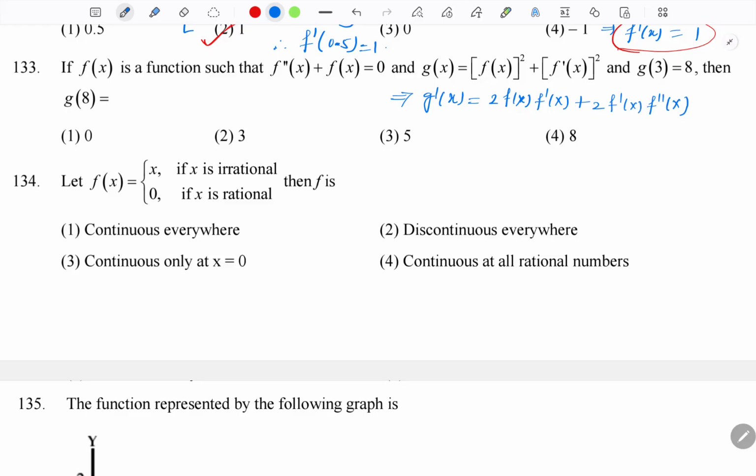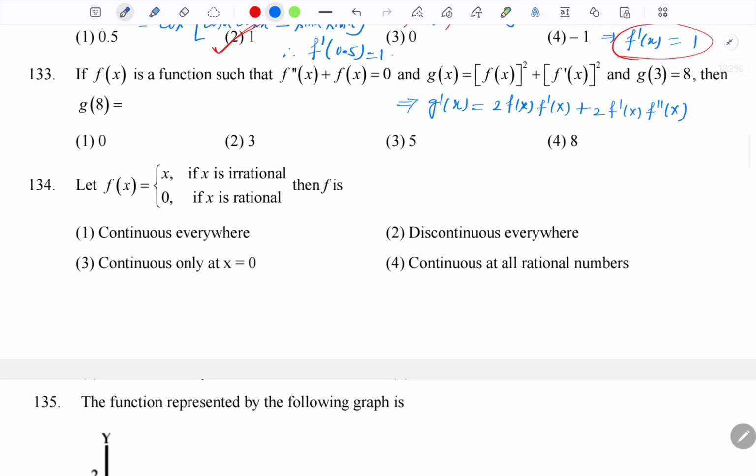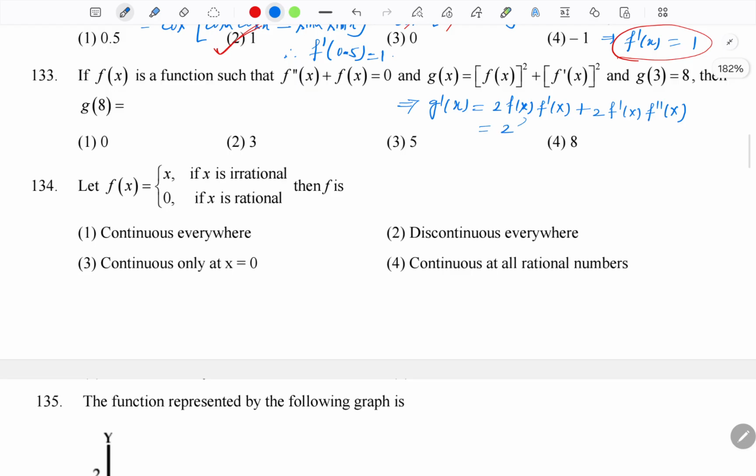What is your observation here? 2 is common, f dash is common, take out and write. That equals 2 times f dash of x. If I take out, then remaining f of x plus f double dash of x. So observe here, what is the f double dash of x here?